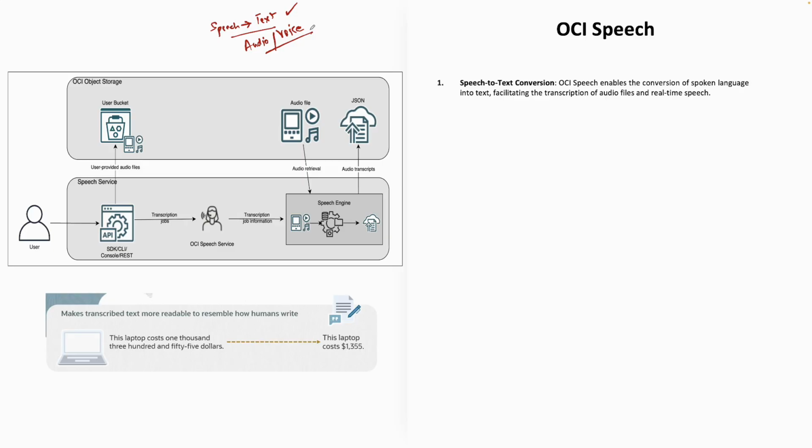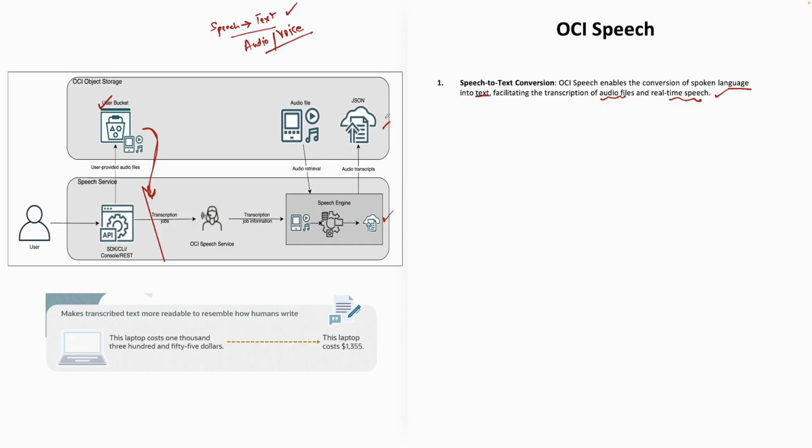So OCI Speech provides speech to text conversion, as I said. OCI Speech enables the conversion of spoken language into text, which facilitates the transcription of audio files and real-time speech. Very important. So two things are there. One is that you can have your audio files stored in, say, OCI object storage or your bucket, and you give that as an input to the OCI Speech service, and from that point onwards it creates a text file, or you can say a JSON file, for you.